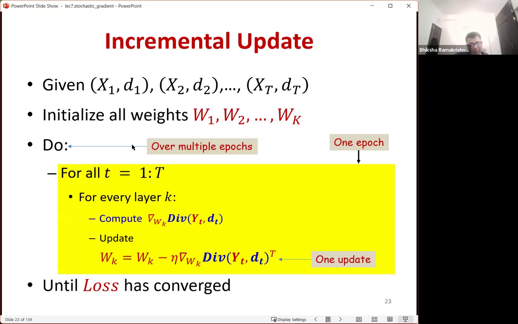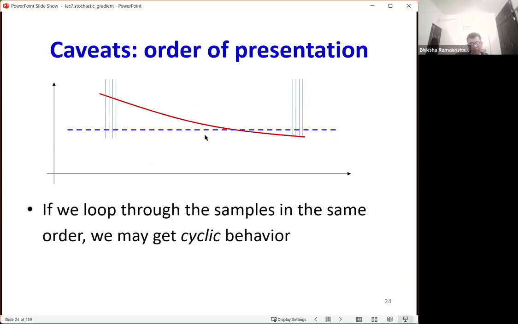Each pass over the entire data is called an epoch. Within each epoch, after each data instance, you're going to correct your parameters. That's one update. So if you have T training instances, you'd make T updates within each epoch, and you can have multiple epochs as you update your parameters.